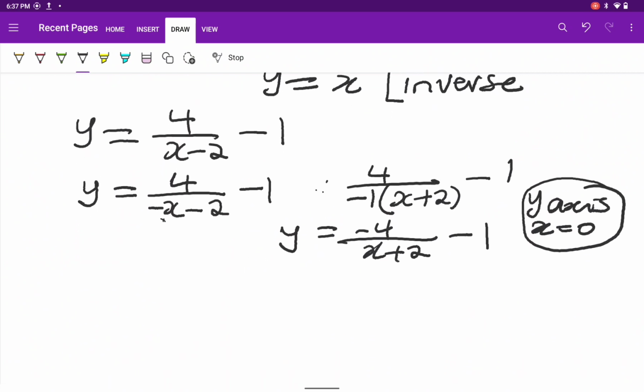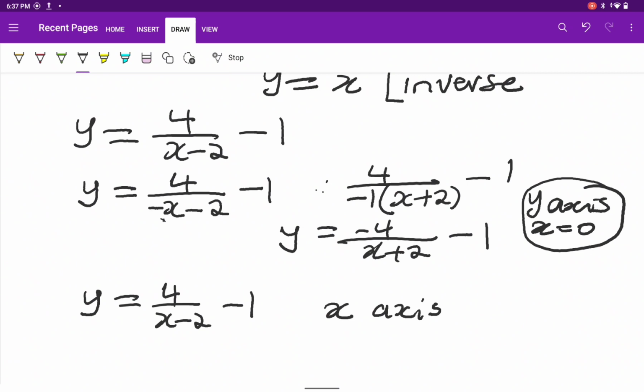do the next one. We're going to look at the same equation, our equation is 4 over x minus 2 minus 1. Now we are reflecting it along the x-axis.